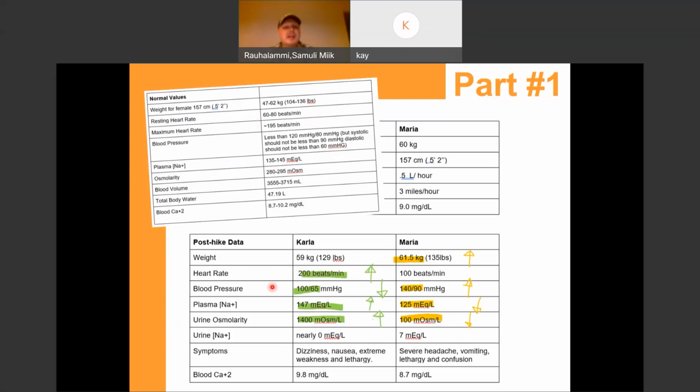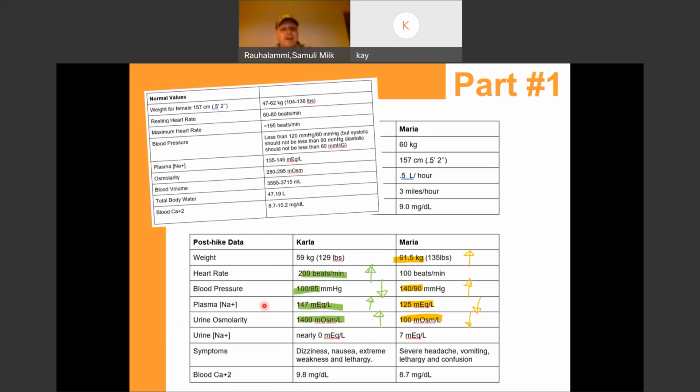Another thing that we see is that Carla's blood pressure is on the lower side. You remember normal blood pressure is 120/80. For Carla, it is 100/65. That's definitely on a low side at the end of the hike, so that would be abnormal. In this case, we're marking that it's a low value.